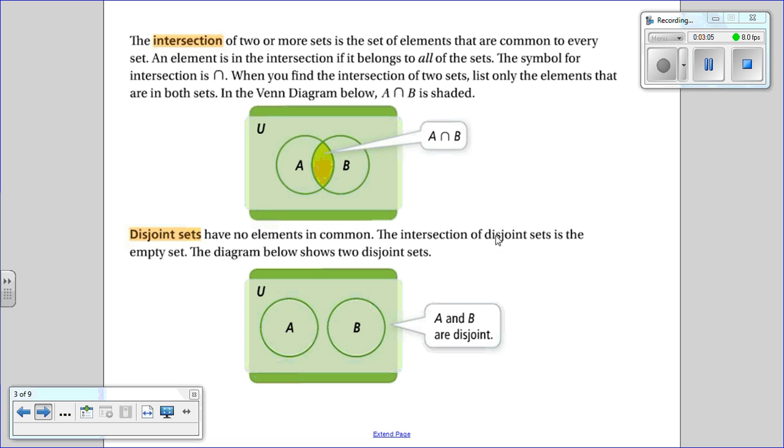The intersection now is the upside down horseshoe or the upside down U. I always think of it as almost looking like an A, we're just missing the crossbar.